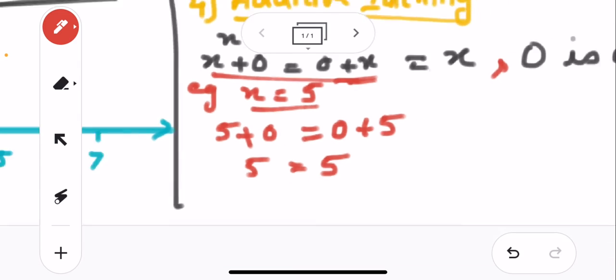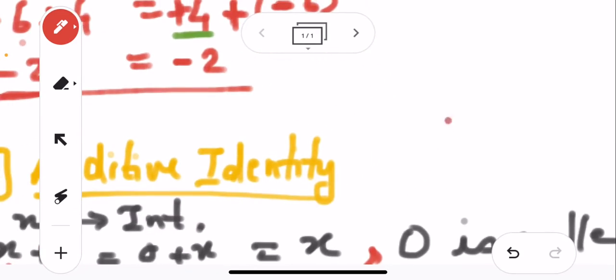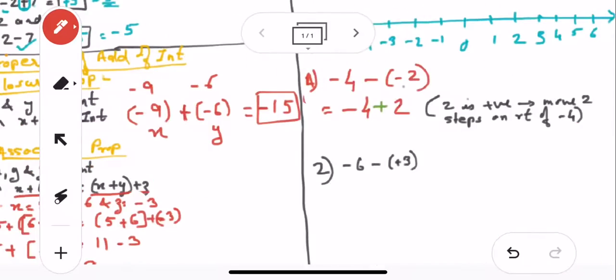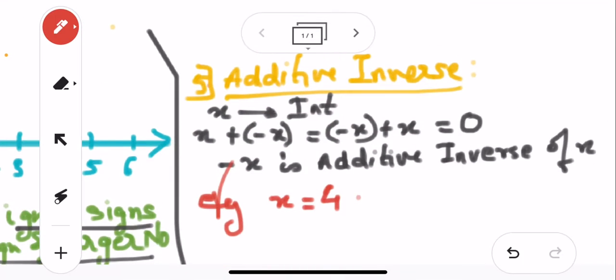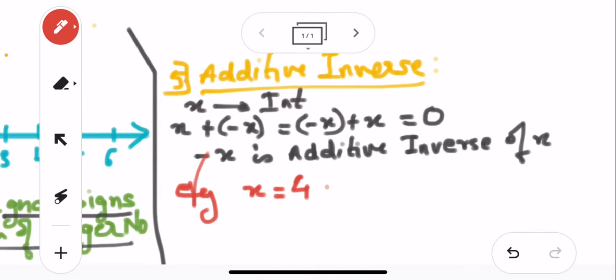The next property is additive inverse. Here, for any integer x, x plus minus x or minus x plus x is equal to 0. So minus x here is the additive inverse of x.